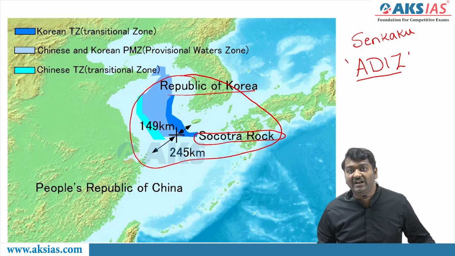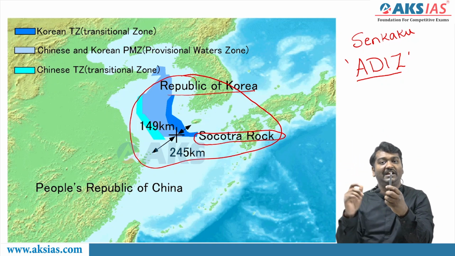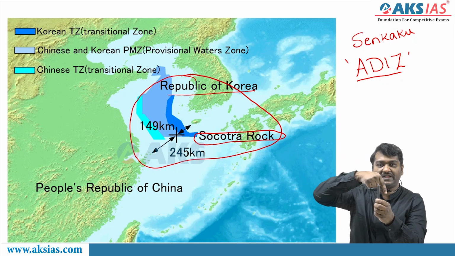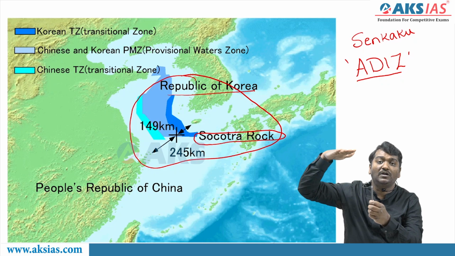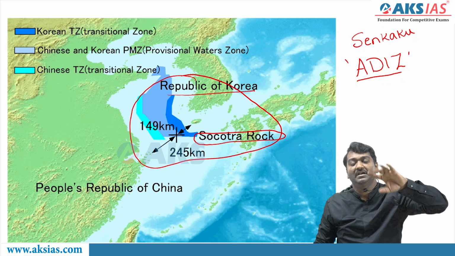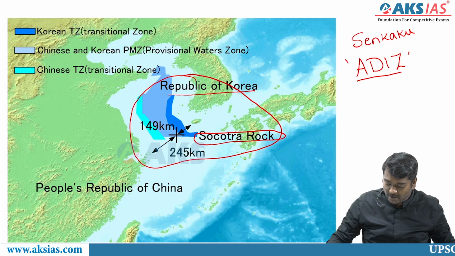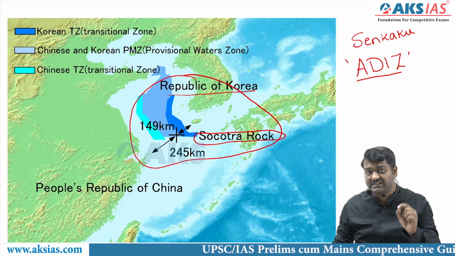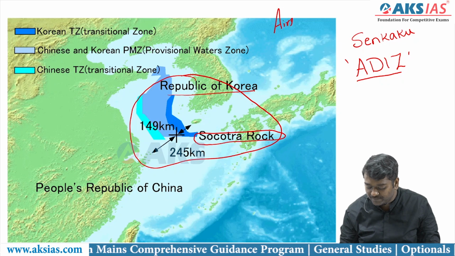normally they will have the airspace also overlapping. What is the meaning? If the island is mine, if Japan says this is theirs, another country says this is theirs, above this island in the air, aircraft also cannot move. That means air defense is also made in this region. I repeat, every country in the region has established its own airspace in the region.